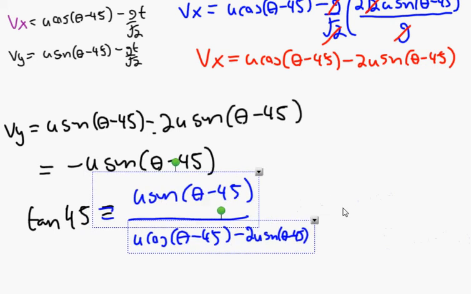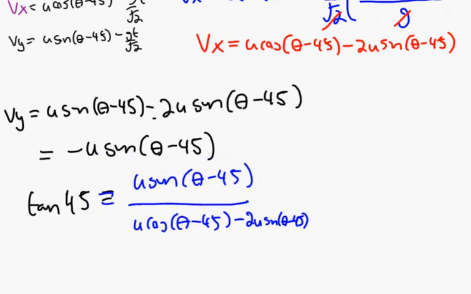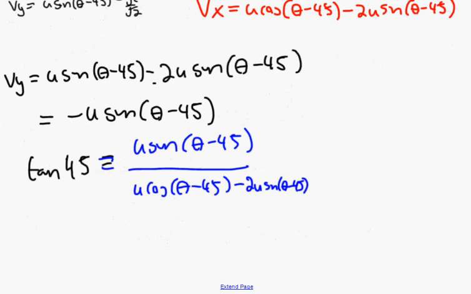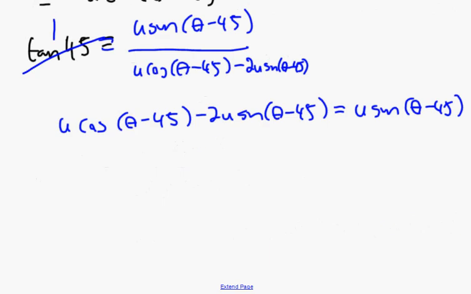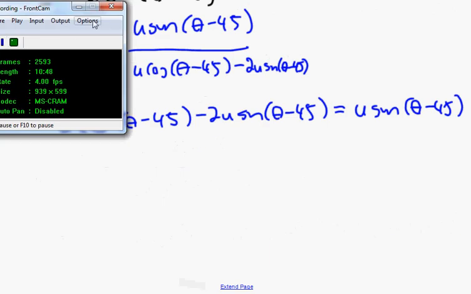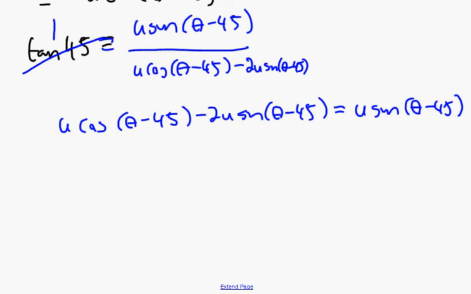Now, can anyone tell me what's tan 45? Tan 45 is 1. So since it's the number 1, we can cross multiply and we get u cos(theta minus 45) minus 2u sin(theta minus 45) equals u sin(theta minus 45).